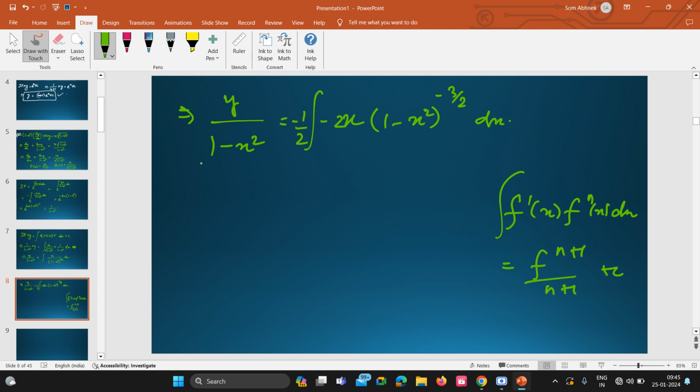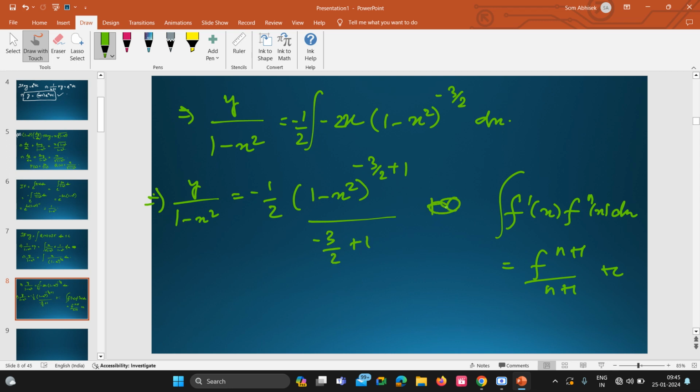So y by 1 minus x square is equal to minus 1 by 2 into (1 minus x square) to the power minus 3 by 2 plus 1, divided by minus 3 by 2 plus 1. That is minus 1 by 2 into (1 minus x square) to the power minus 1 by 2 divided by minus 1 by 2. The minus 1 by 2 cancel out.